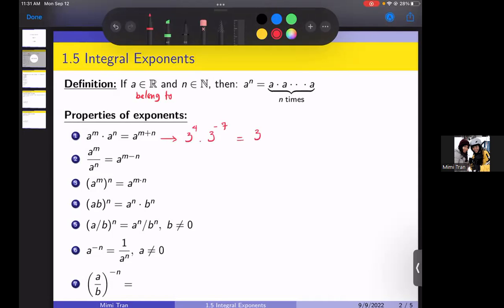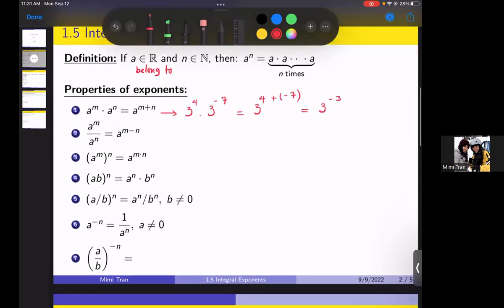So 3 to the 4 plus negative 7, which is 3 to the negative 3. Now, I don't like negative exponents, but I'm going to show you how to make them disappear, which is in later rules. So I'm not going to box it. Leave it like that for now.